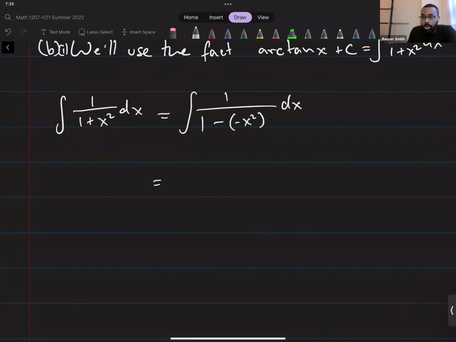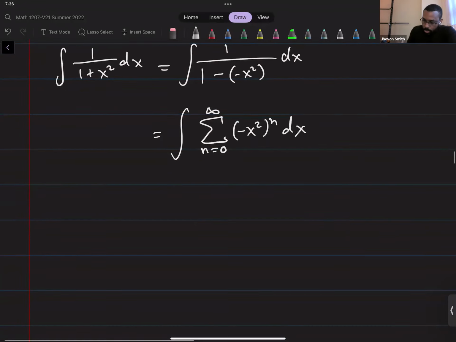And I can use a power series to describe something like that. This is just the power series of that thing to the nth power. Now, this is absolutely convergent, so I can switch the series and the integral sign.